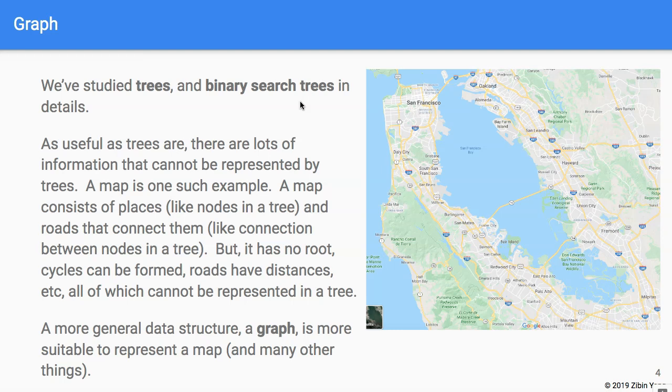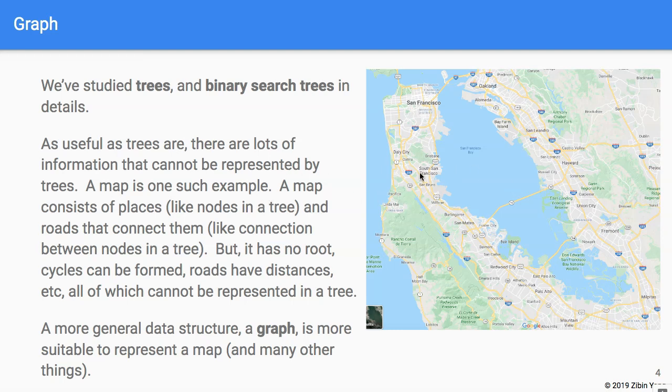And when you think about it, trees are useful, but there is a lot of real-world information that cannot be represented by trees. For example, maps. This is a screenshot of Google Maps, but Bing Maps, any sort of map, it's the same thing.